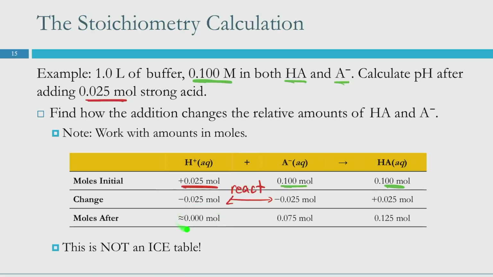So we can calculate our change. We're going to have approximately no H+, a little bit of A-, and a little bit of HA. So we'll use those new values in our equilibrium step.